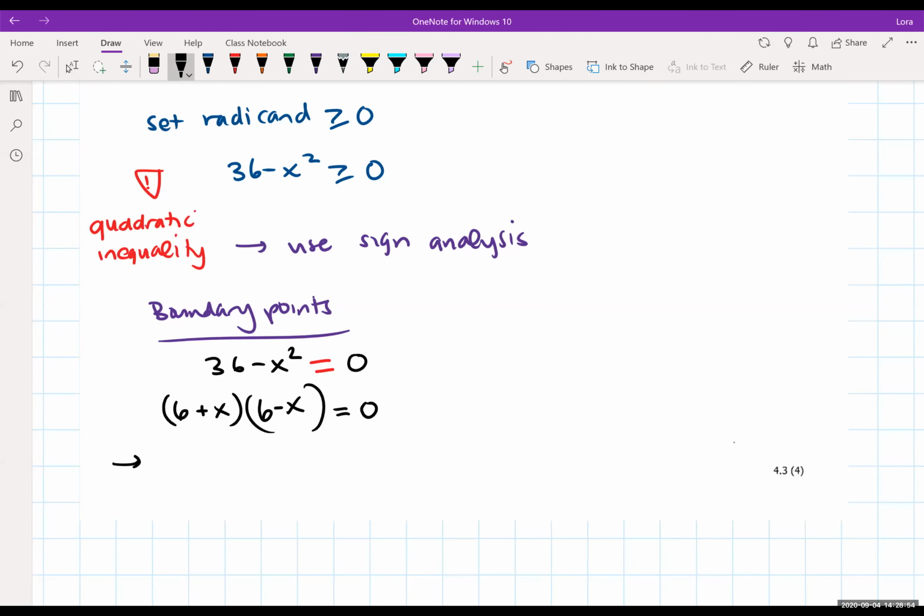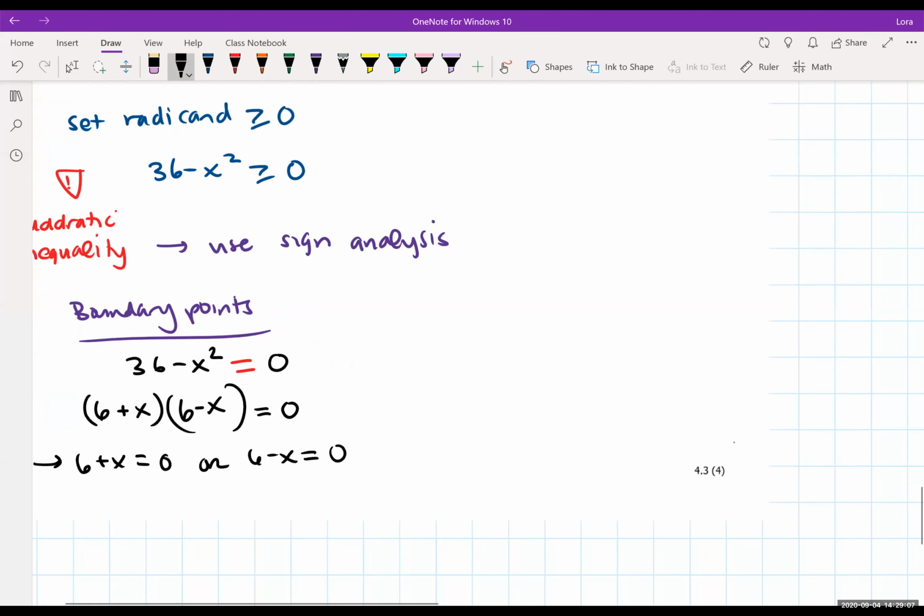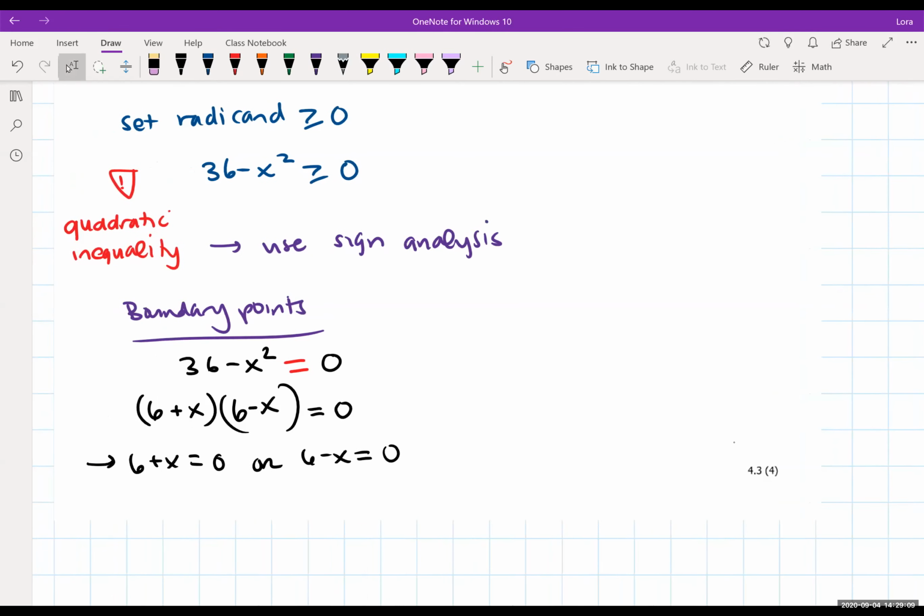So solving the resulting linear equations from this quadratic factorization, 6 plus x equals 0 and 6 minus x equals 0. Subtracting 6 on both sides for the first one, we get x equals negative 6.